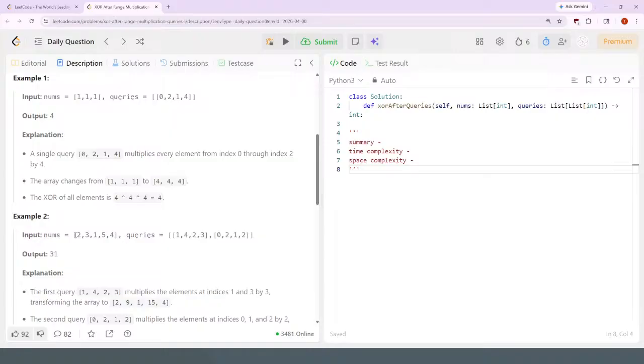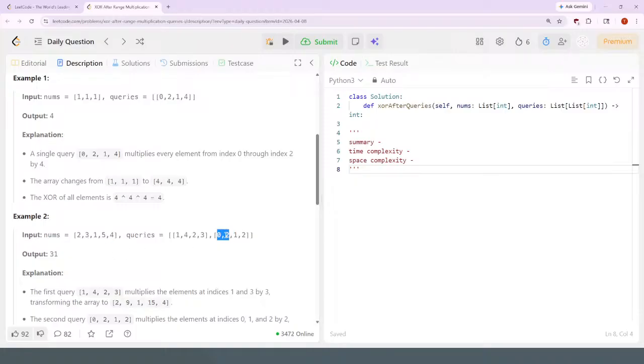Alright, two queries. Oh, okay, so there could be multiple queries. So going from index 1 to index 4, starting at 3, and then this one's incrementing by 2, so it's the 3 and the 5 multiplied by 3, so it becomes 9 and 15.